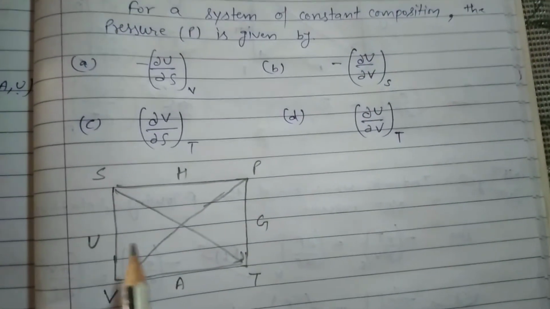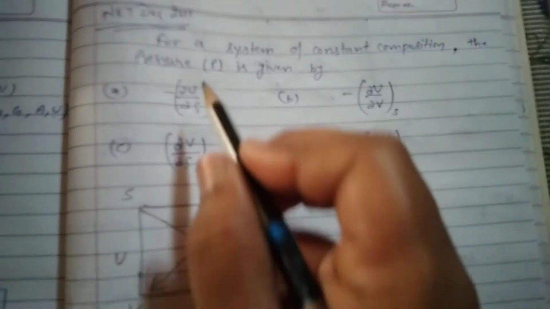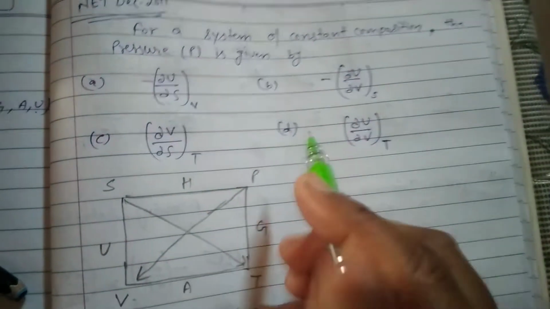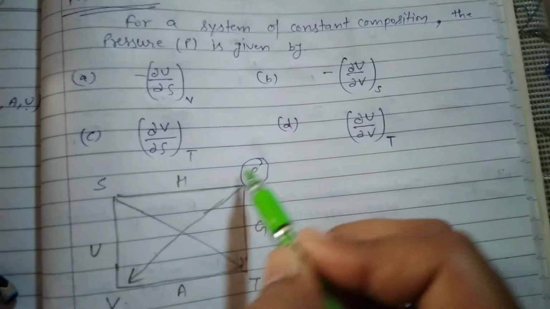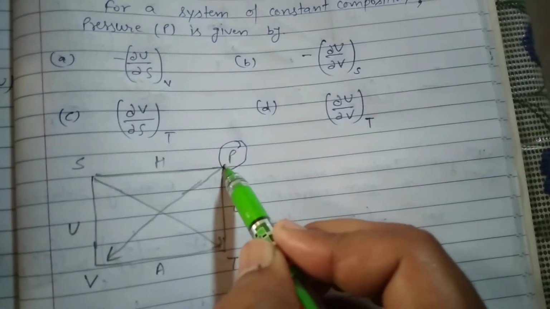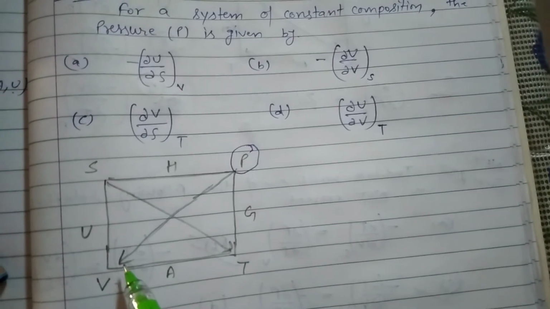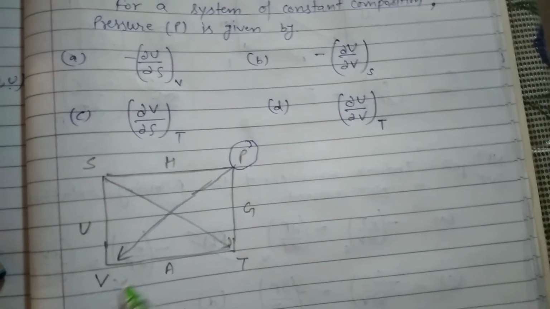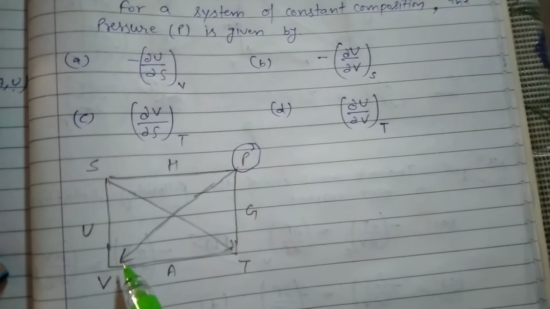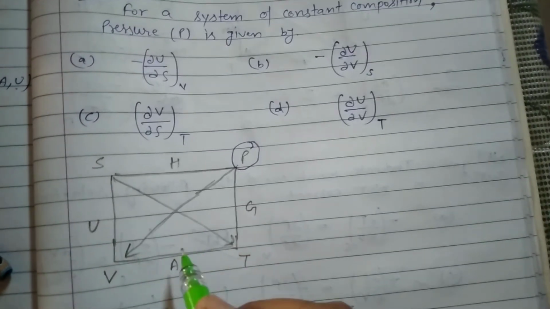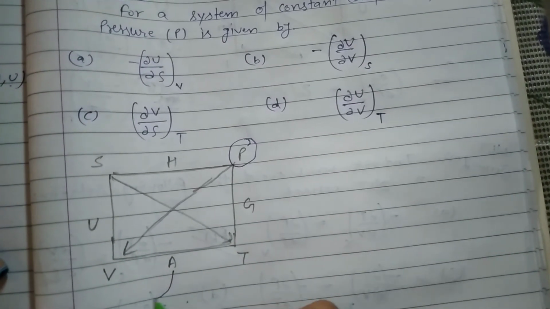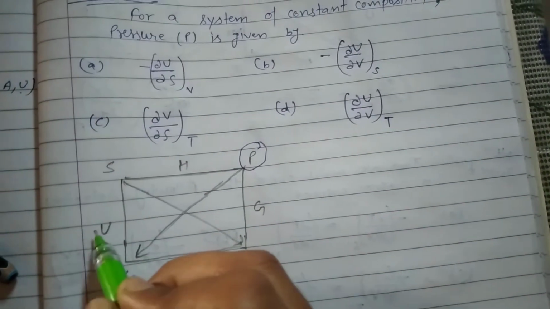For solving, we have to find the value for pressure. First we see the element diagonally opposite to the pressure. Here it is V, and then we see the nearest thermodynamic functions. Here they are A and U.